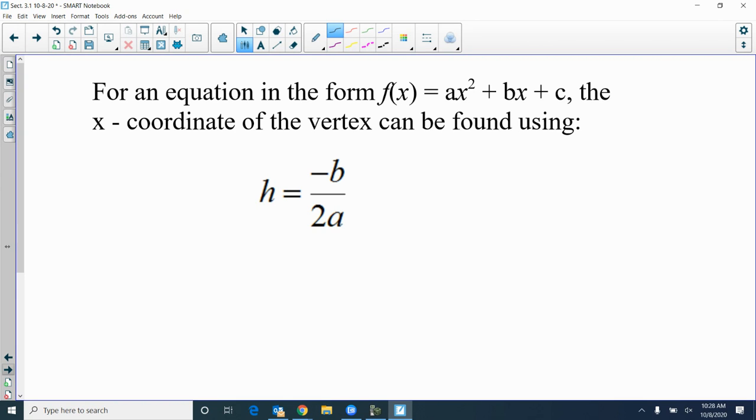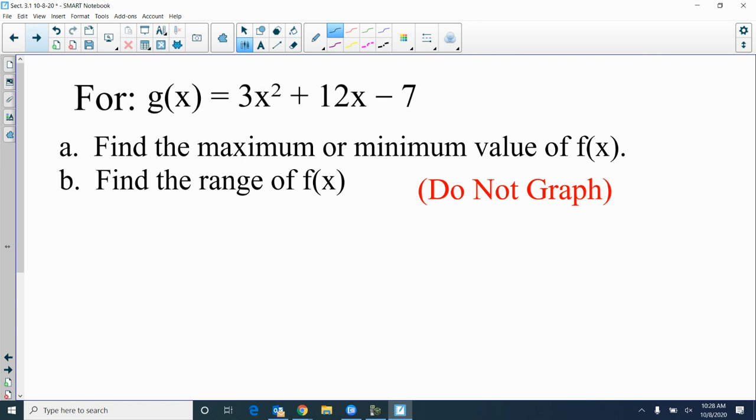And if you remember, that gives us the equation for the axis of symmetry, and then we'll finish it from there. For this example, it's the same equation from the other side. We're going to have to find the vertex. It says find the maximum or minimum value of f of x, the highest or lowest.